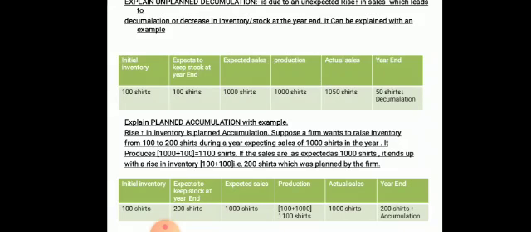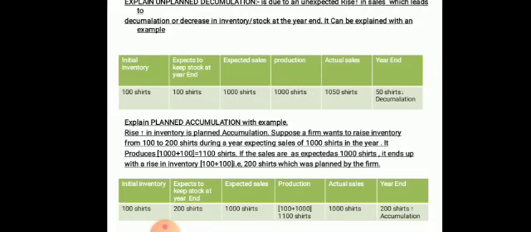And the expected sales are how much? 1000 shirts. So how much is production? In inventory it wants to increase from 100 to 200, so it will produce 100 for that, and expected sales are 1000 shirts, so it will produce 1000 shirts. So 100 plus 1000, 1100 shirts are produced.